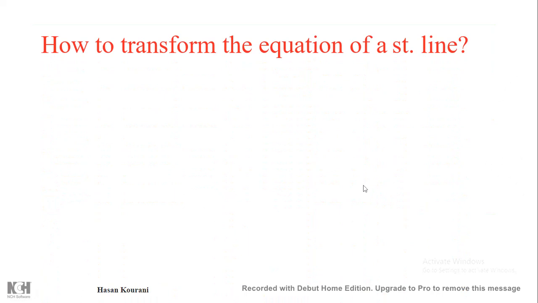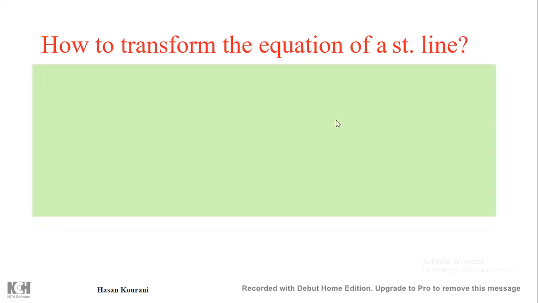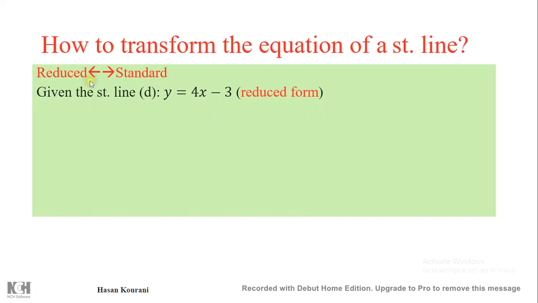Now, in the second part of this video, we are going to learn how to transform the equation of a straight line, which is easy, as you will see. Let's change from reduced to standard, and standard to reduced. Given a straight line D: y equals 4x minus 3, this is, as you know, the reduced form. What about the standard Cartesian form?